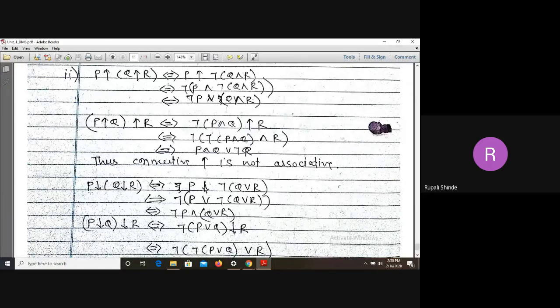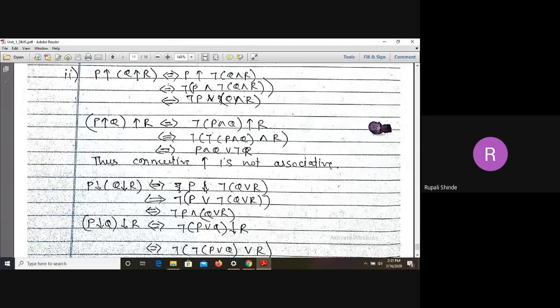So the first formula is P NOR (Q NOR R). First of all, we have to solve this bracket, so we have to remove this NOR. What is the definition for NOR? P NOR Q is equivalent to negation of (P or Q). The same formula we apply here for variables Q and R, as negation of (Q or R).